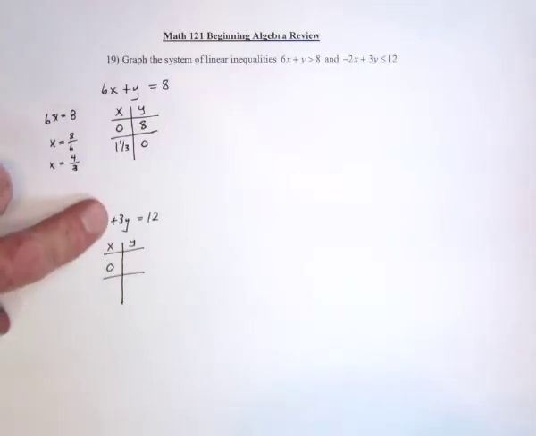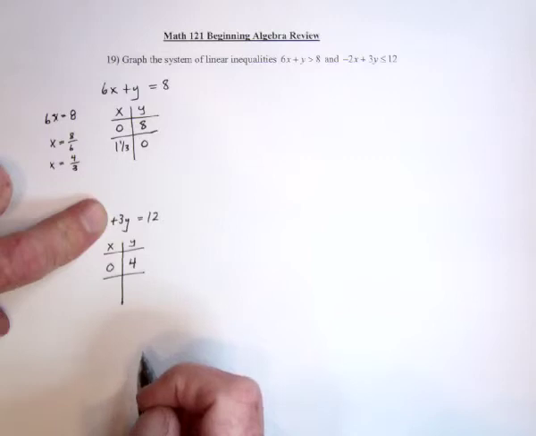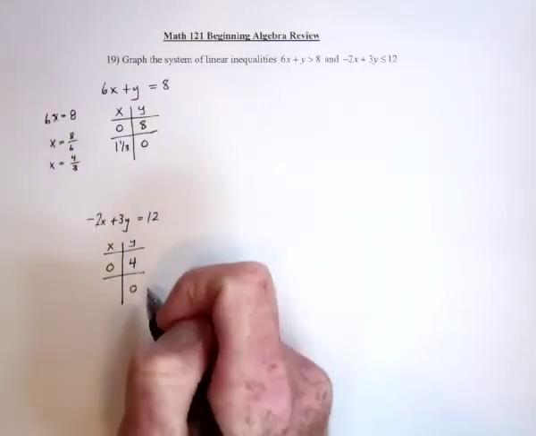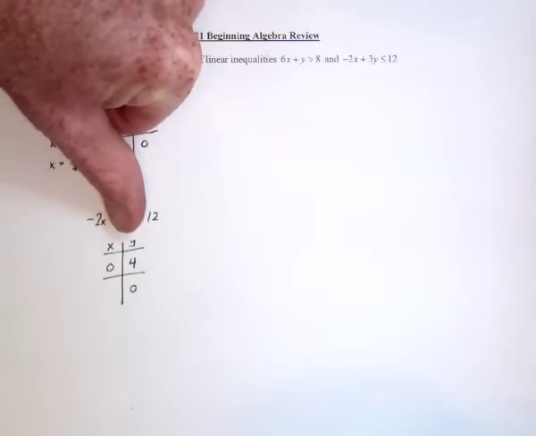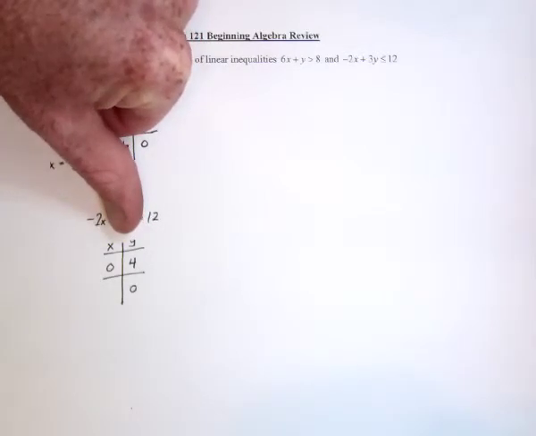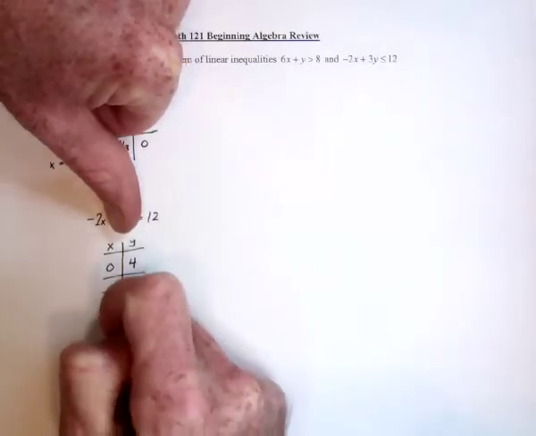All I would need to do is divide both sides by 3, and that would say y is equal to 4. And then let y equal 0, and in that case this one would disappear, and you would get negative 2x equals 12. So if you divide both sides by negative 2, it's going to say x equals negative 6.